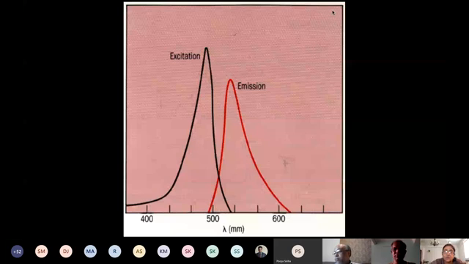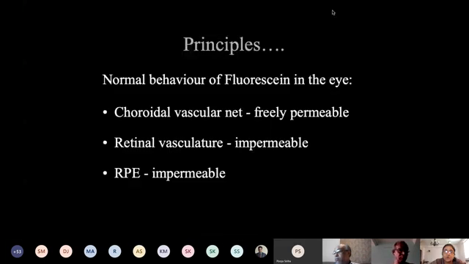So the normal behavior of fluorescein in the eye is what tells us which structures in the eye it helps us identify. The choroidal vascular network is freely permeable to sodium fluorescein. If the sodium fluorescein does not stay within the vascular network, we will not be able to image it.